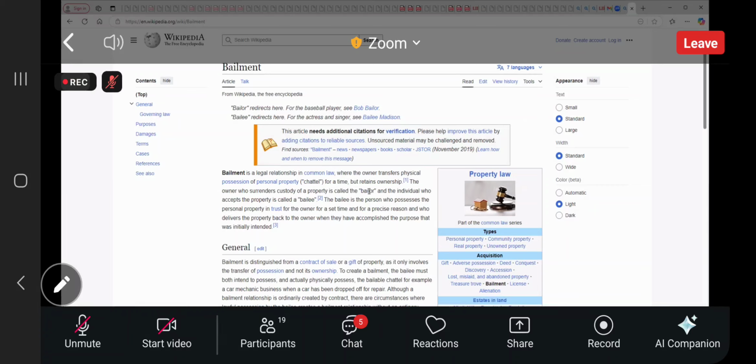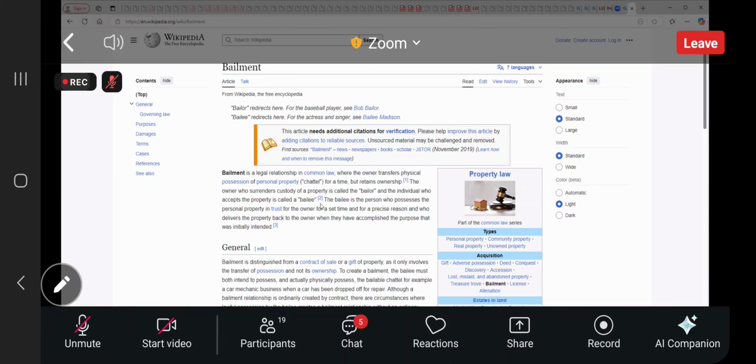Your straw man or your grantor straw is the bailor. Owner who surrenders custody of property is called the bailor. And the individual who accepts the property is called what? The bailee. So in the UCC, you check bailor or bailee once you got the warehouse receipt. It's as simple as that.